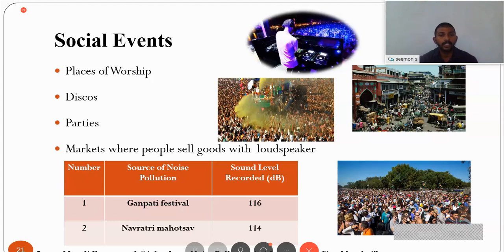And here is a table which shows a study on noise pollution in the metropolitan city of Mumbai, on the Ganapati festival. The sound level shows 116 decibels, which is a higher level of noise. And next is Navaratri Mahotsav, which shows 114 decibels. So it all comes from a large cause of noise pollution.